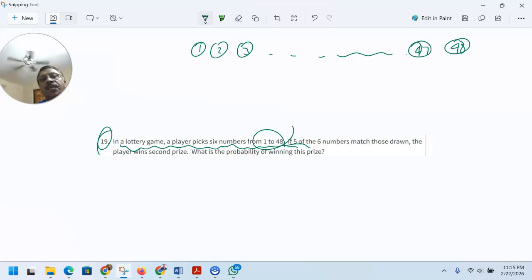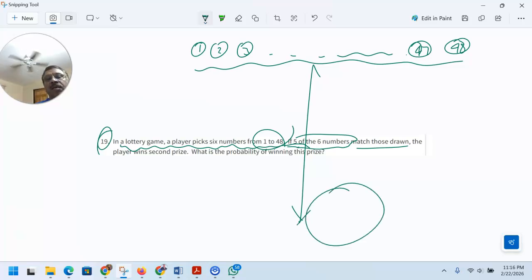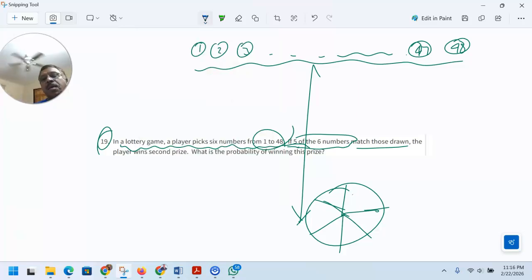And if 5 of 6 numbers match the drawn, that means when the lottery is being drawn and you had picked numbers, of these you get 5 correct. Now let me use the blue. That means you got the first number, second, third, fourth, and fifth correct. So these you got correct.